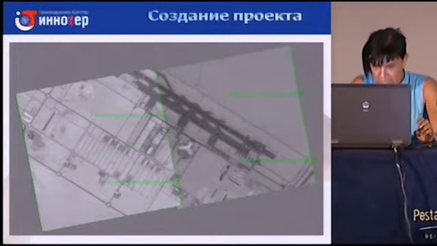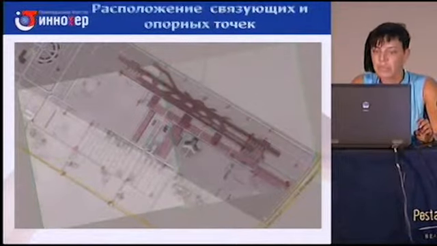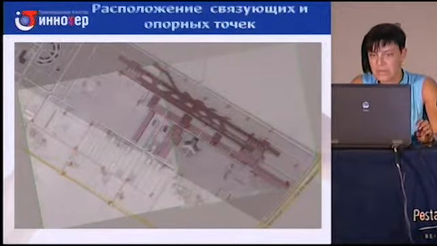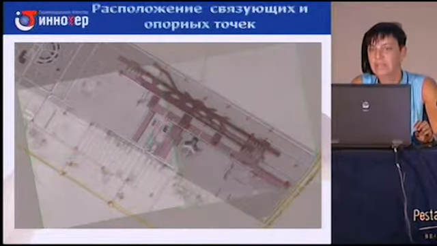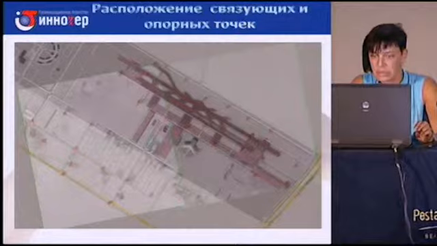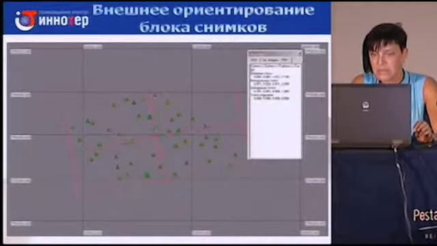We created a project. Ground control points were borrowed from national maps, 40 GCPs, 10 points for each matrix.